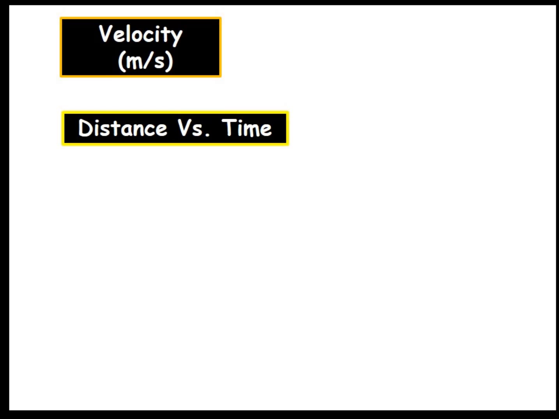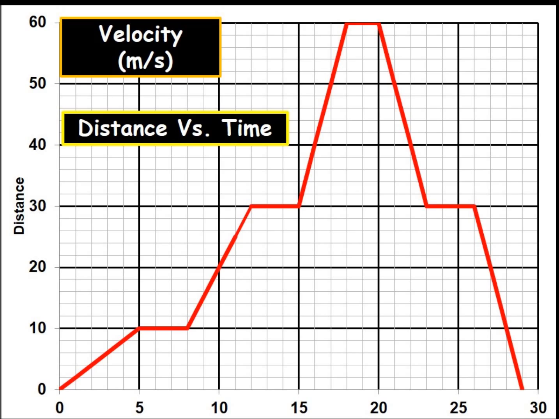Let's begin with a distance versus time graph, where we discover velocity. Well, how do you discover velocity in a distance time graph? It's actually very simple: the slope of any line on a distance time graph is going to be the velocity, because the slope of a line is change of y over change of x.